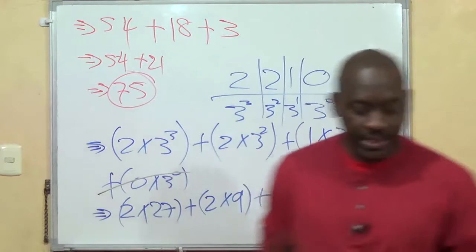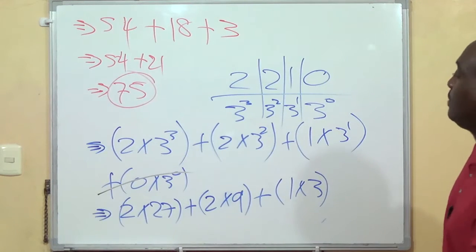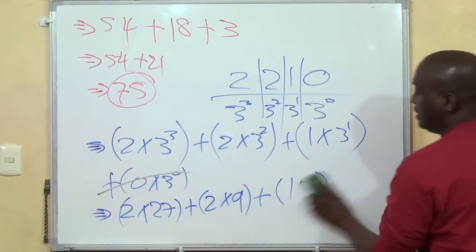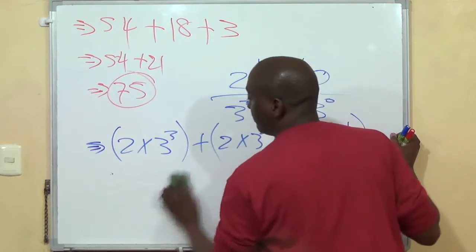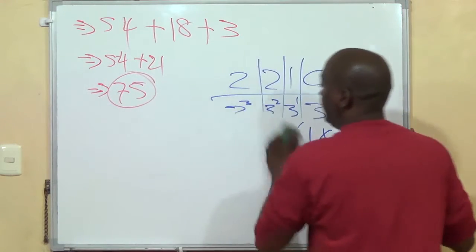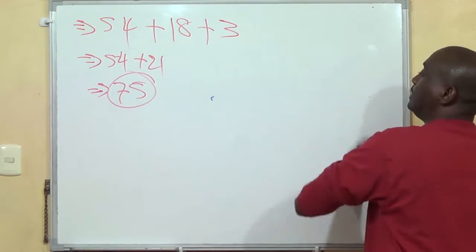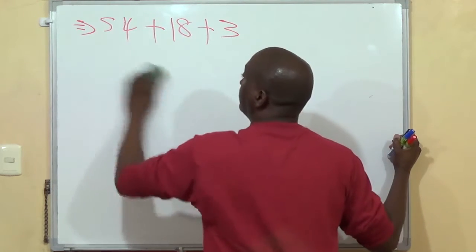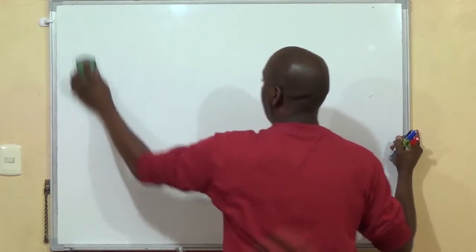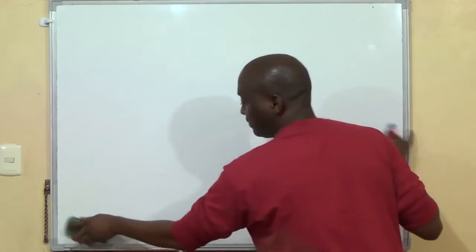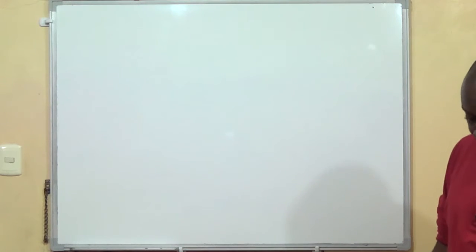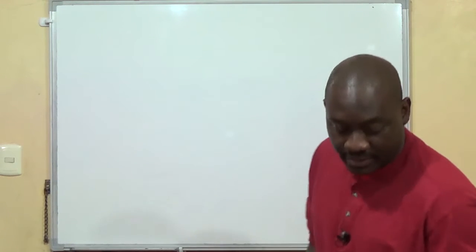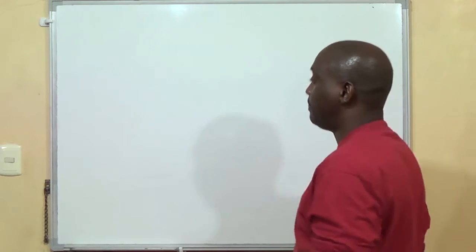Alright? So we're going again. We have now the equivalent in base 4. The base 4 equivalent of 75 is 1023.